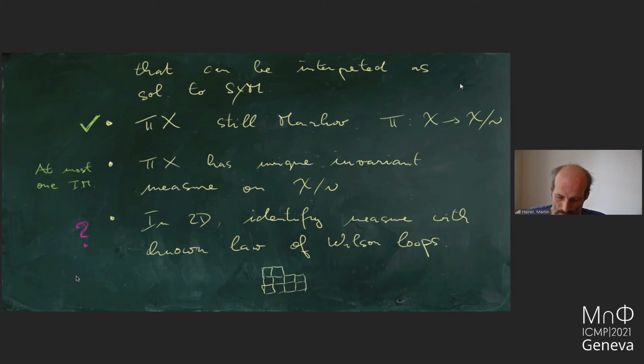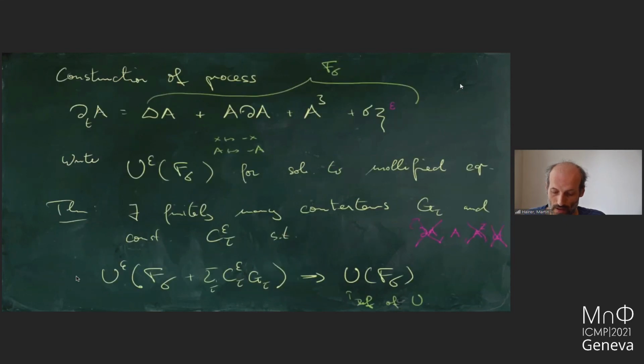And for that, the Wilson loop observables are known to converge to the limit that we know in 2D. And so then you would want to actually put a dynamic on this lattice gauge theory, which makes it converge, modulo the correct time-dependent gauge transformation, to the same limit as that one.